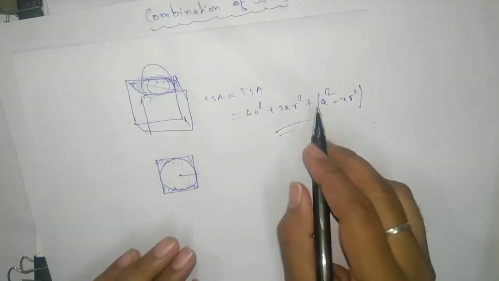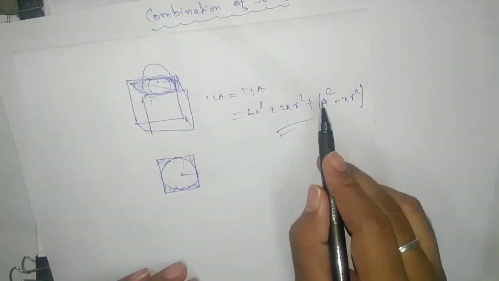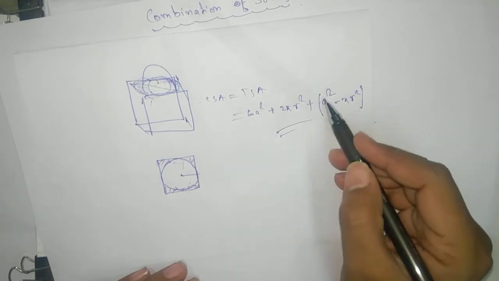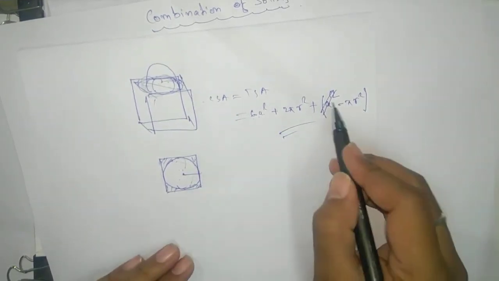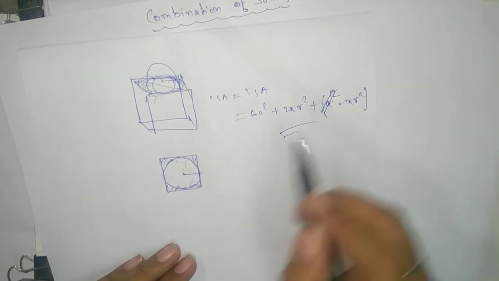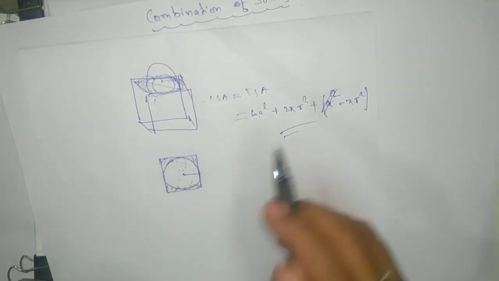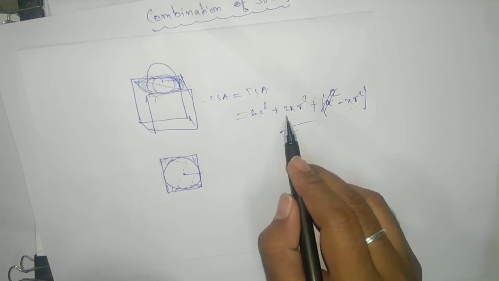If we do that, you will get the answer very simply. In 6a square we have already added a square, so we are not going to add an extra part, we just need to subtract pi r square. Already we have taken 2 pi r square.